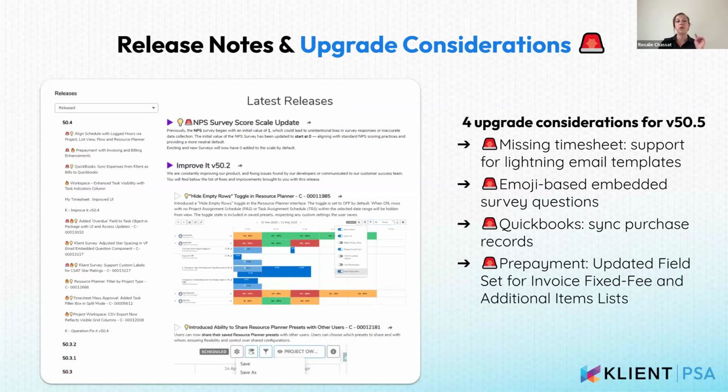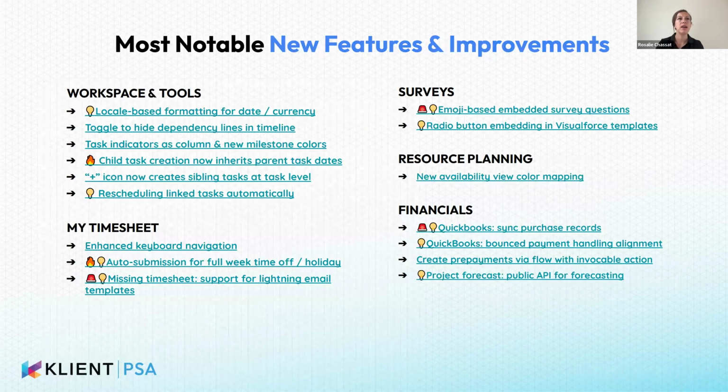For release 50.5, we've highlighted there are 4 upgrade considerations, so they're on the slide there. If you want to benefit from those functionalities, you absolutely need to follow those links in this specific release as well. If the Lightning email template is not enabled in your environment, you will need to enable it. It was introduced a long time ago, so it should already be enabled, but please read the release notes, upgrade considerations.